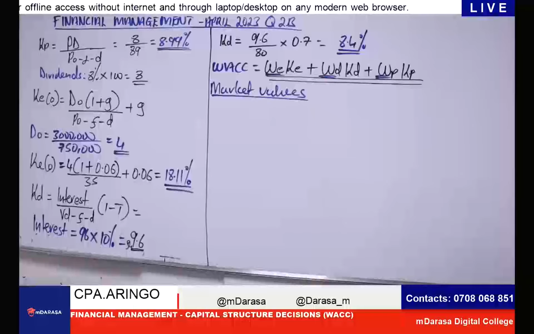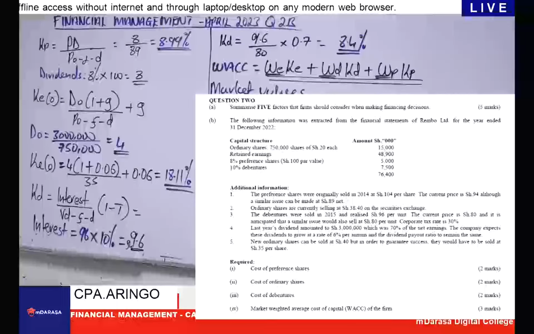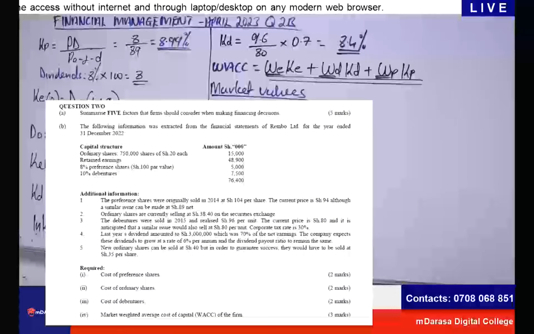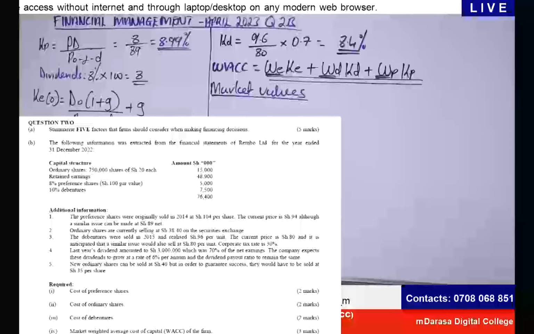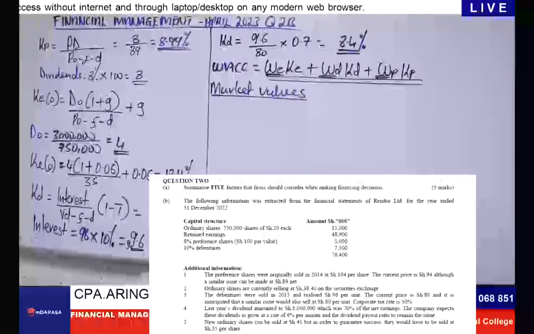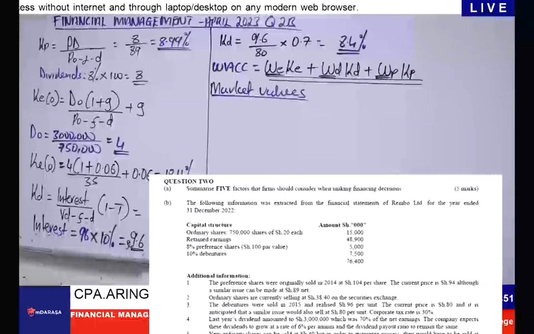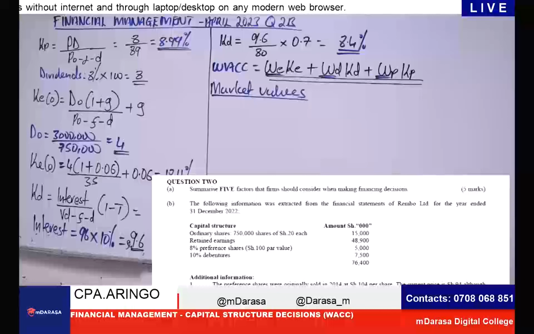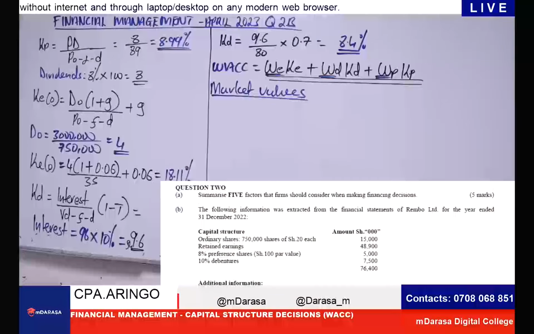So the capital structure, this is what you're given. Look at the capital structure for a firm, which in this case I'll just have it below there. I want you to check the capital structure of the firm.